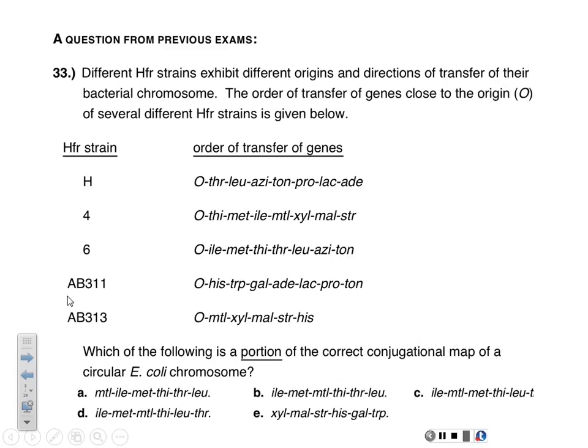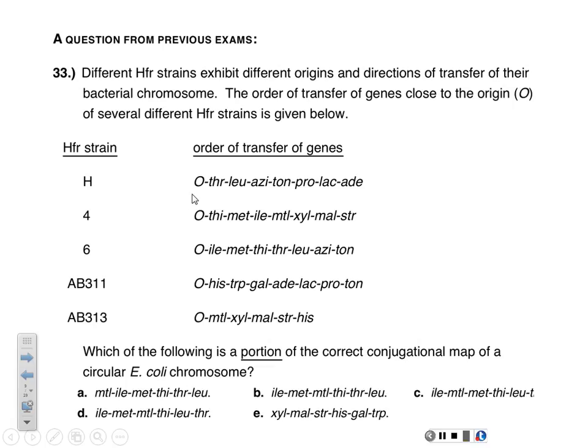Right? And so you've got your 5 different integrations of the F plasmid into the circular E. coli chromosome. And the first thing that always gets transferred over is the F plasmid itself. That's what the O is for. It's the origin of replication from the F plasmid.